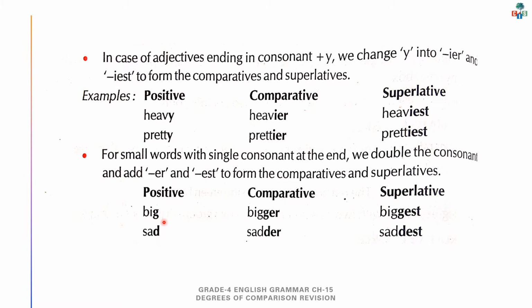It is a small word and it ends with a consonant. So, when we want to form the comparative degree, we double the consonant, double G, and then we add ER. Big, bigger, biggest. Sad, sadder, saddest. Red, redder, reddest.